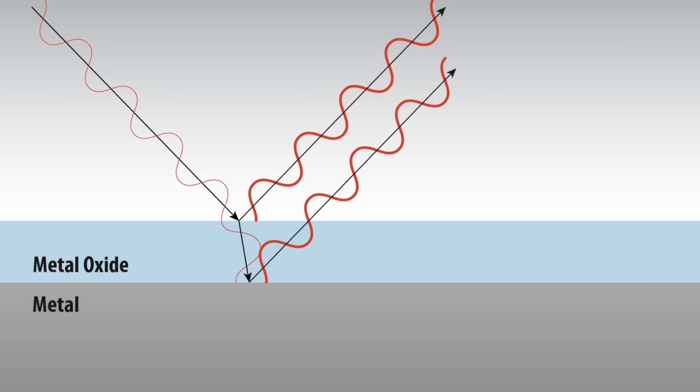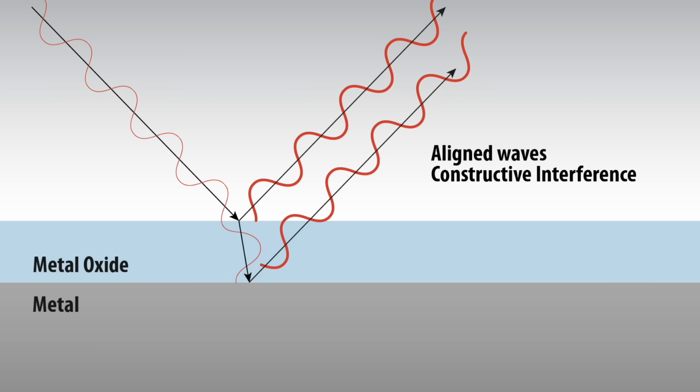Because the film is so thin at the scale of the light's wavelength, this second reflection is only slightly delayed, but very close to the first. Because of their close proximity, these two reflected rays interact. If the peaks and troughs of their wavelengths align, they produce constructive interference, which amplifies the strength of that specific color.